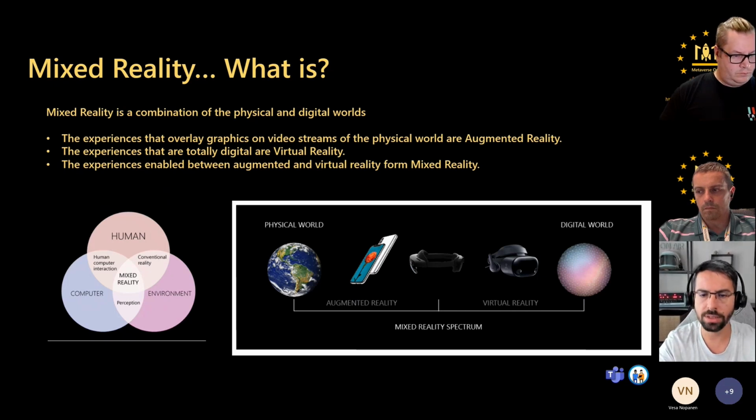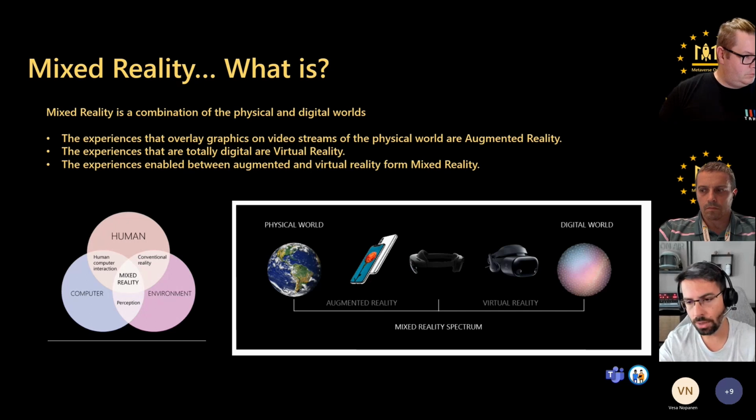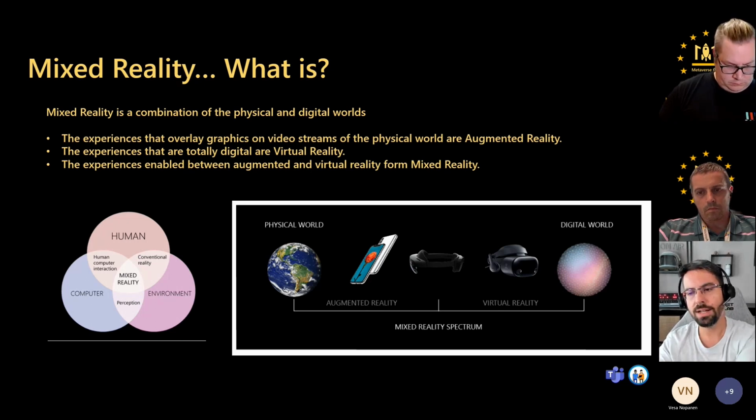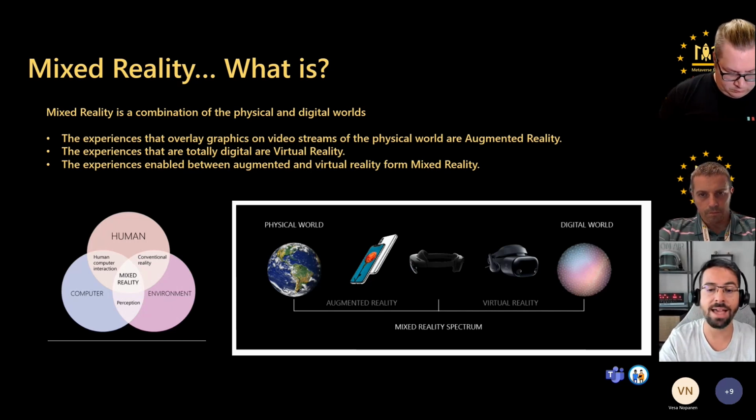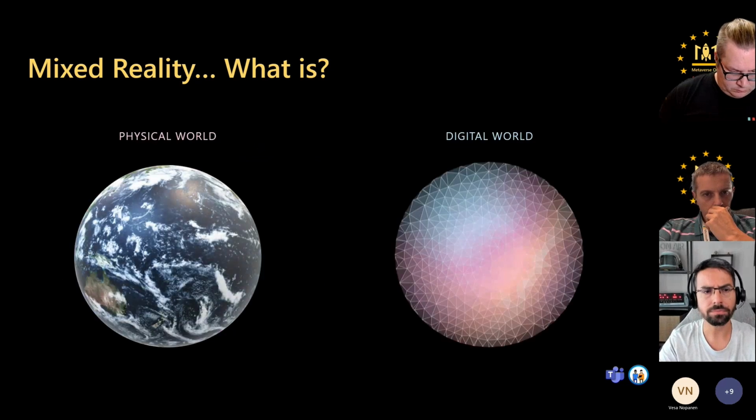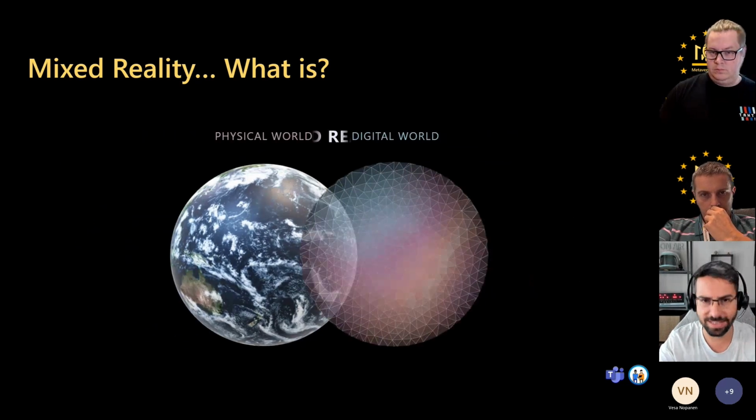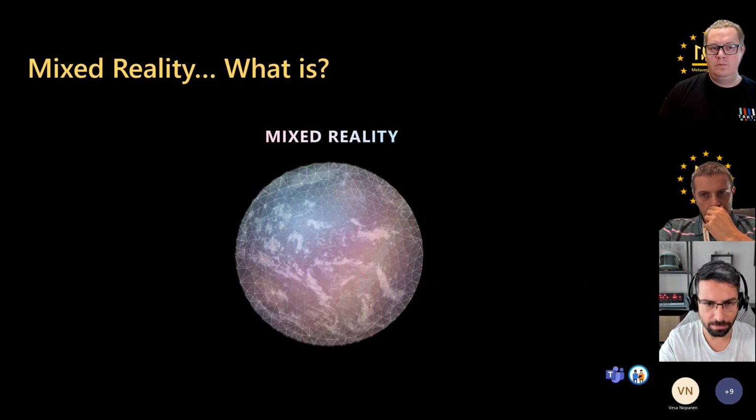We have the physical world and the digital world, but in the middle we have augmented reality, which is closer to the physical world, and virtual reality, which is closer to the digital world. So basically, mixed reality is a mix of virtual reality and augmented reality. And in this slide, we can see what mixed reality is by using this animation.